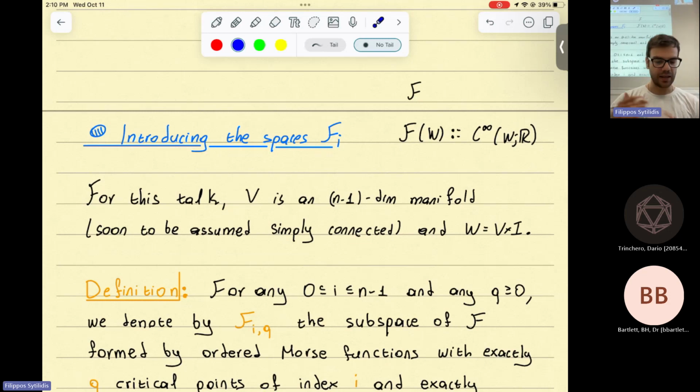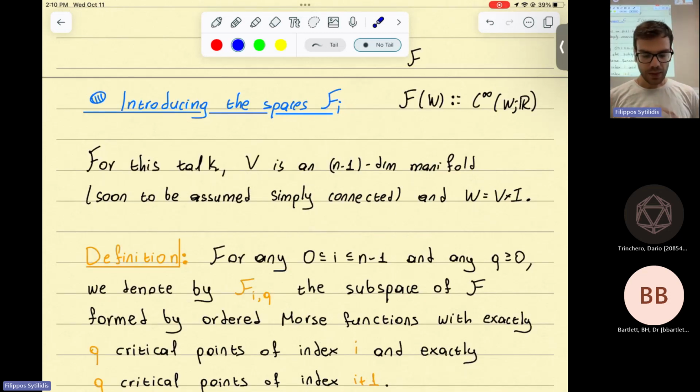And by that, I will mean some kind of subspace of F of W, the space of C infinity real valued functions. And I'm going to try and specify what that subspace is. If not, you should ask me. So that's just the setup for the talk today.